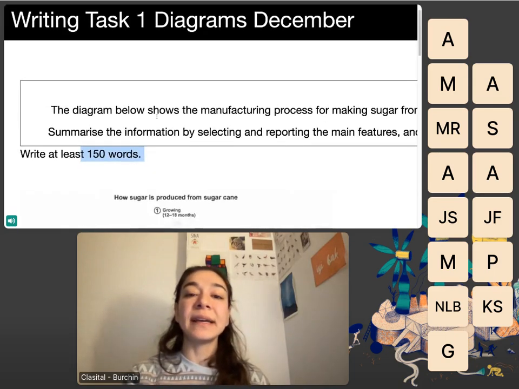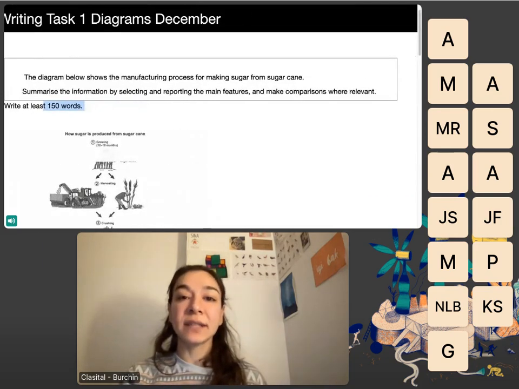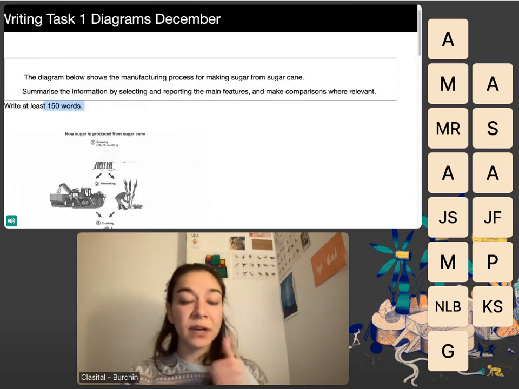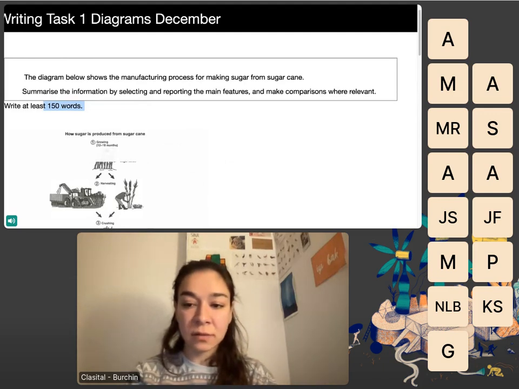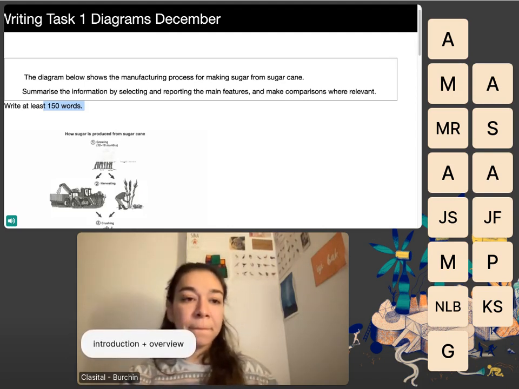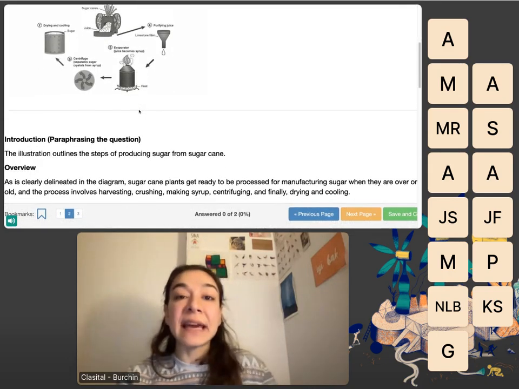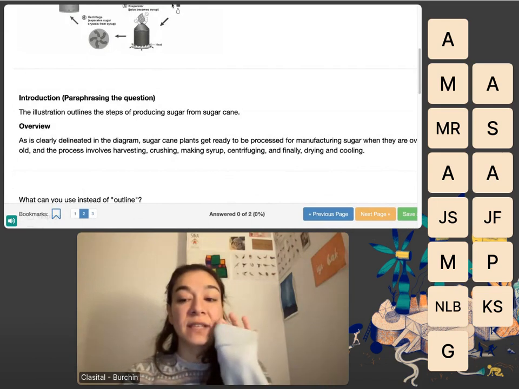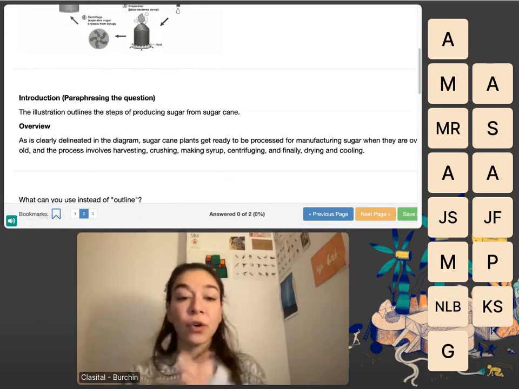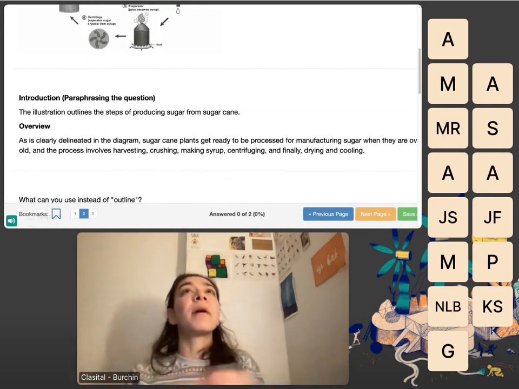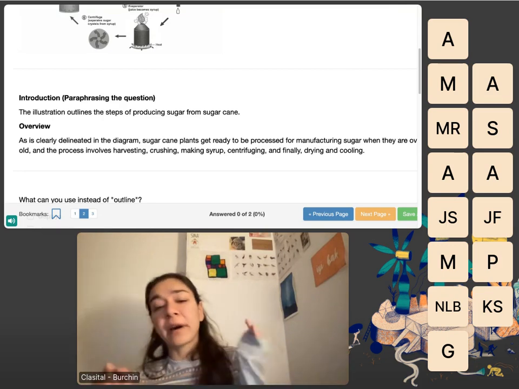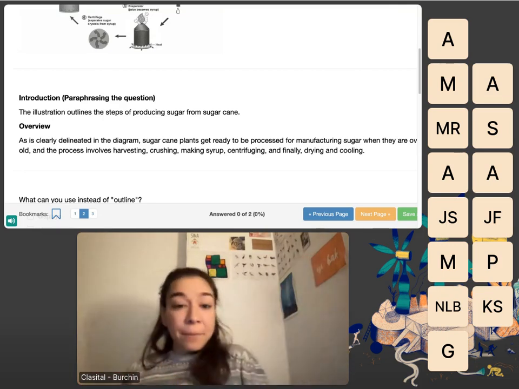So, when we are writing task 1, first we start with introduction and overview. This is the same for every task 1 question, whether it is a bar chart, pie chart, or map.